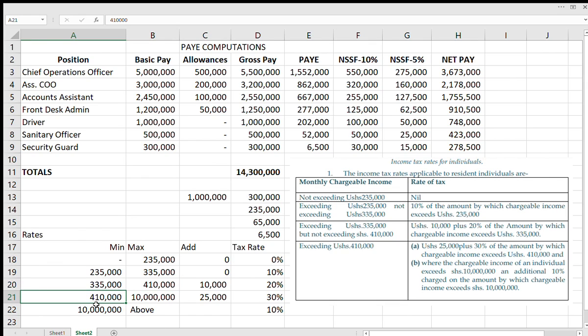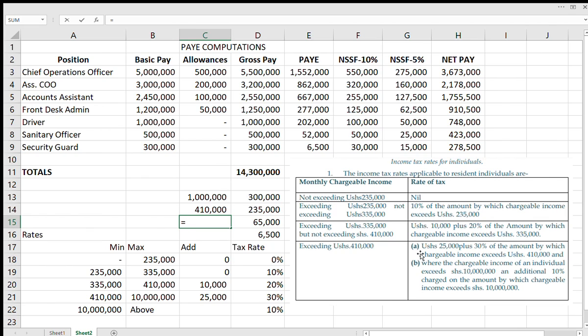Is it between 410,000 and 10 million? Yes, it lies between there, though it is more than 410,000. So it is just exceeding 410,000. You can see that we are in this condition here, exceeding 410,000. That is section A.